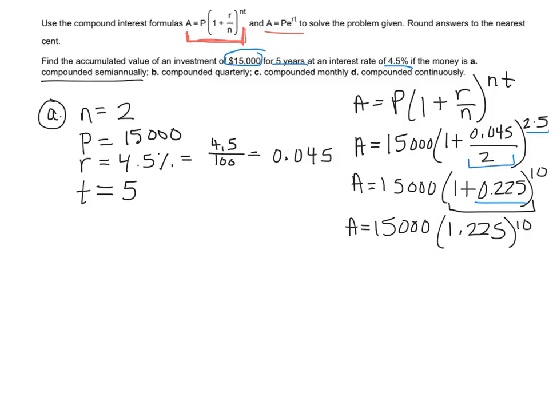Now we have A equals 15,000 times 1.0225 to the 10th power. Next, we're going to raise 1.0225 to the 10th power, and you can do this using your calculator.